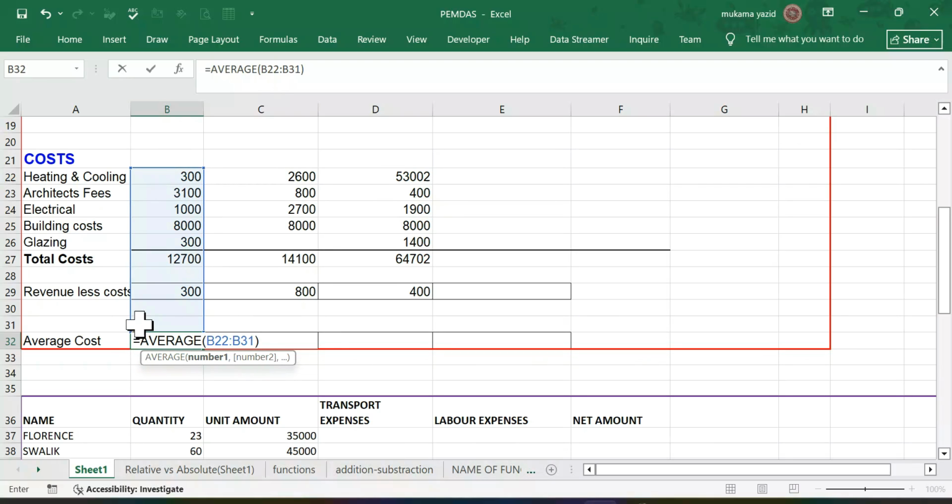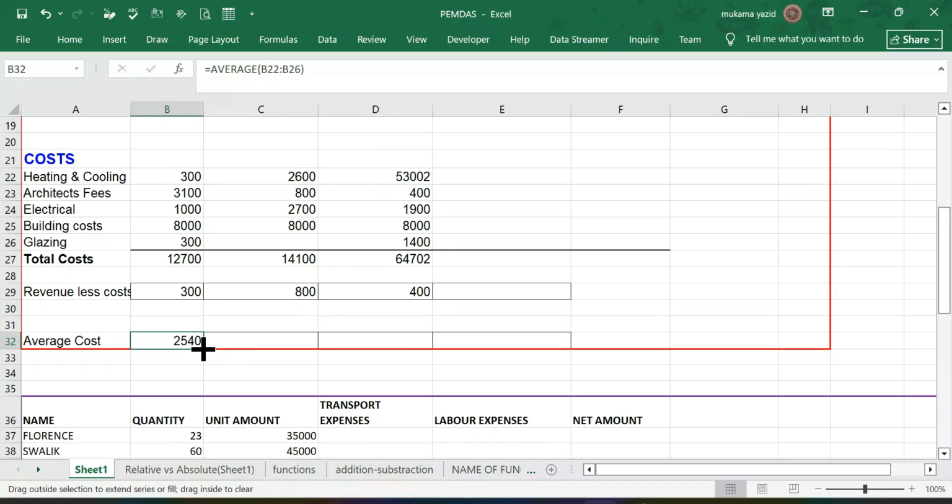So we come to the corner of the selected area, then we make sure the cursor turns like this. When it turns, we hold and reduce, or we deselect the area which we don't want. From there we release, then we press enter. I think that is the average we want.